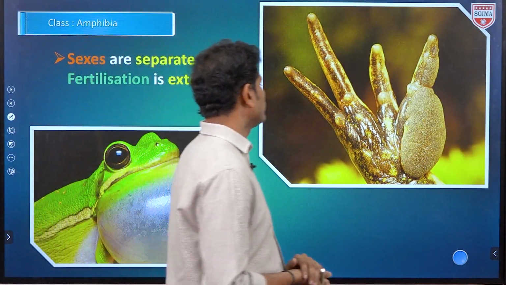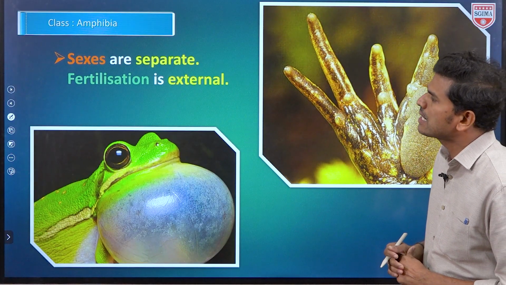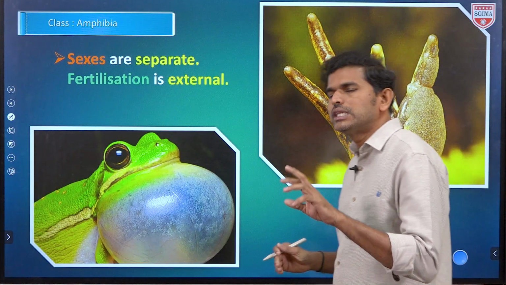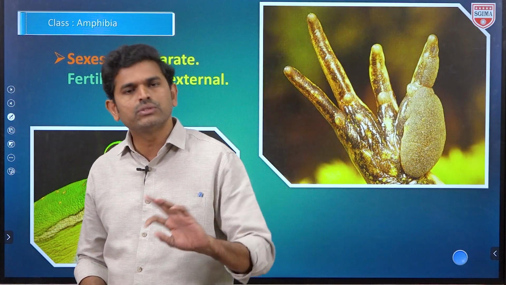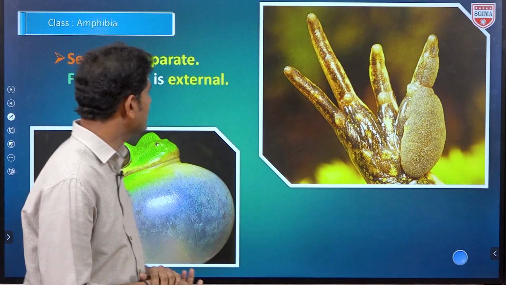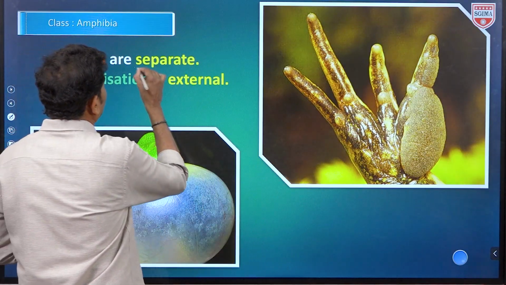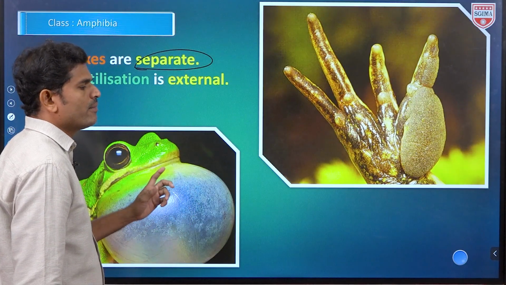Here reproduction is mentioned. Sexes are separate, meaning male and female organisms are not identical. They are separate, and we can identify males and females separately. That is what sexes are separate means, that they show sexual dimorphism.